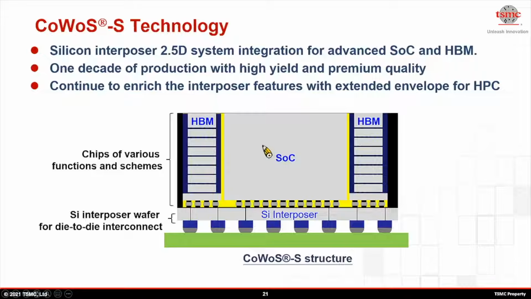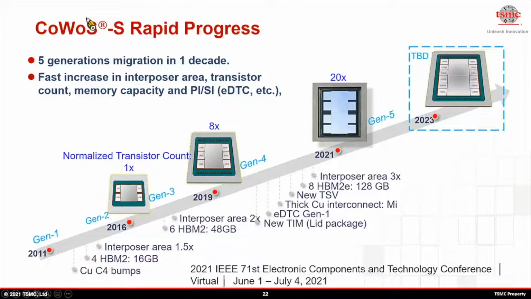This is for HPC application, of course. This slide shows the rapid progress of CoWoS technology. You can see from 2011, 5 generation technology migration in 1 decade, along with interposer size more than tripled.